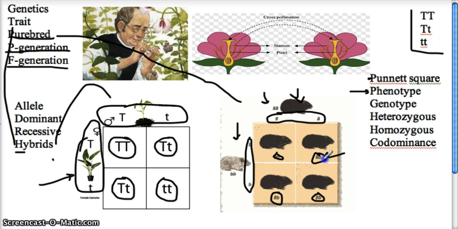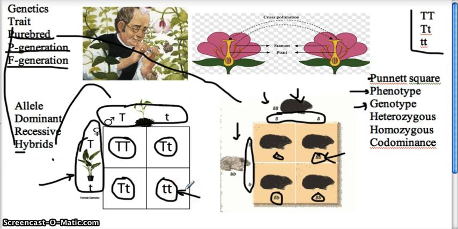The capital B and small b is an allele combination. It's a genotype. Small t and small t is a genotype. So we end up discussing the same things because you can have, for example, small t and small t has the phenotype of a short plant, but the genotype of little t, little t.